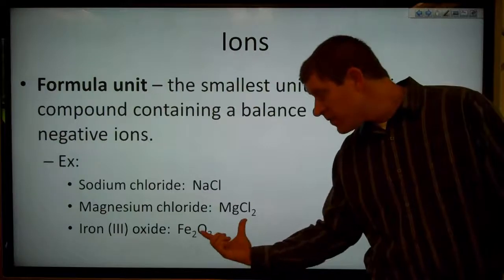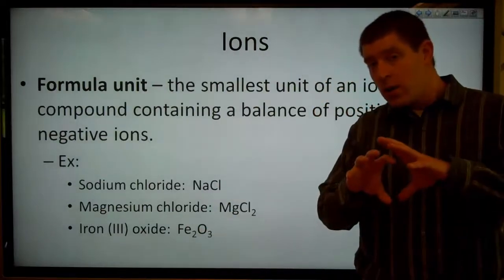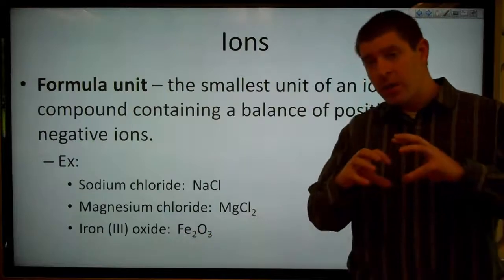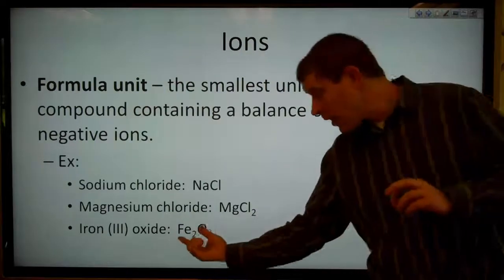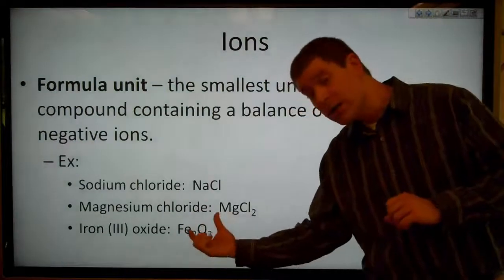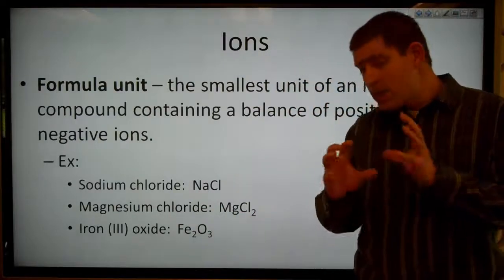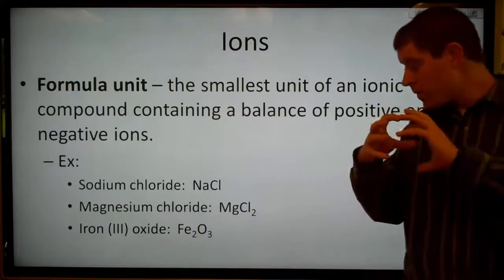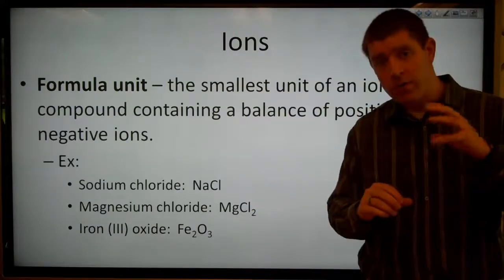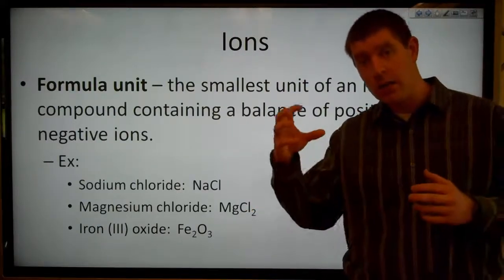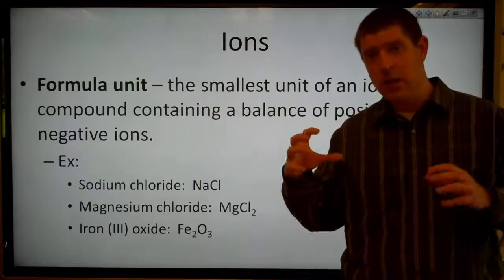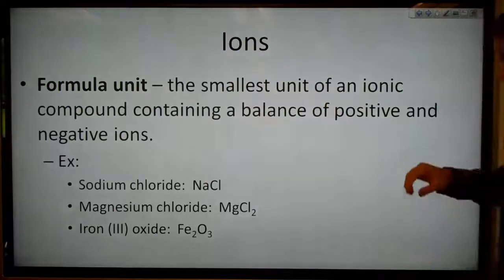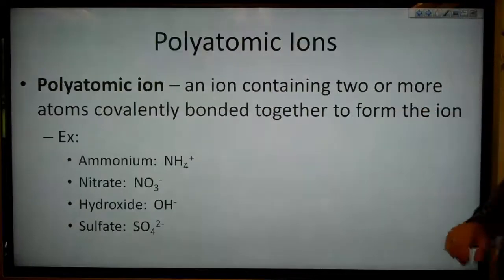But again, in each of these cases, those 2 iron ions and 3 oxide ions don't have to move around all together. You just have to have the stoichiometric ratio of 2 iron ions and 3 oxide ions near each other, but they don't have to be in a specific orientation like, say, water has to be connected together.